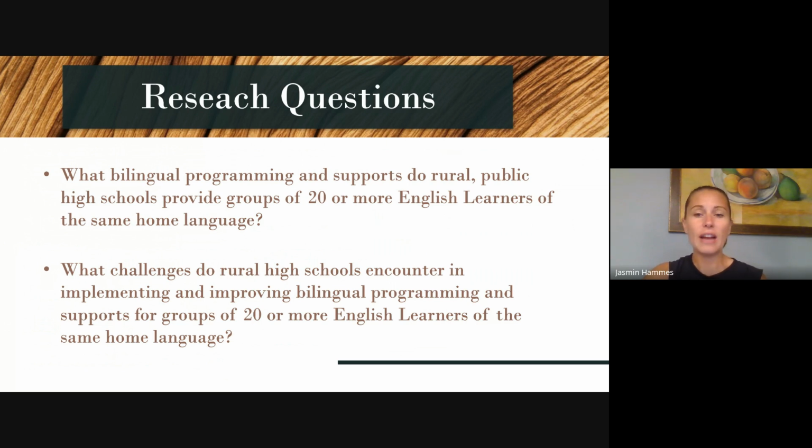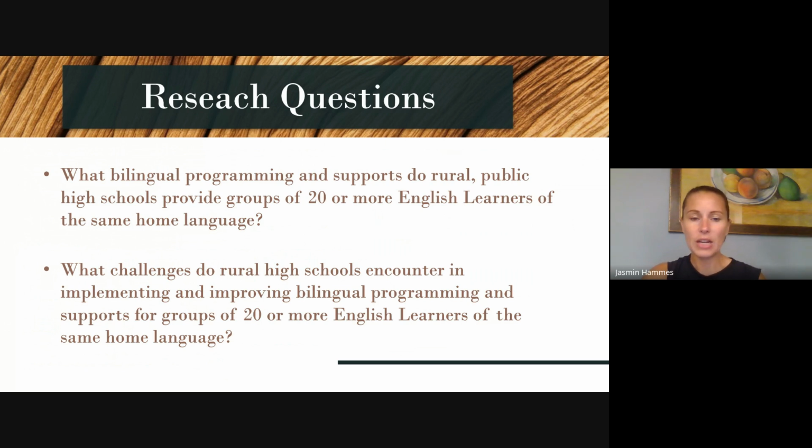High schools that have less than 20 English learners that speak the same home language are not required to provide that bilingual support. And it also makes it a lot more challenging, both in finance and resources, to provide those supports for such a small amount of students. So we're looking at bigger groups of English learners and how we're supporting them in the home language.